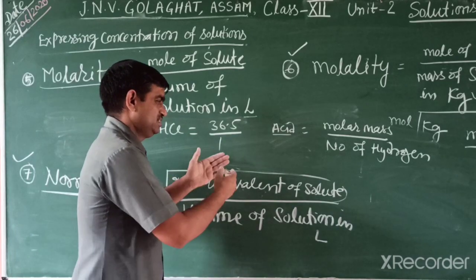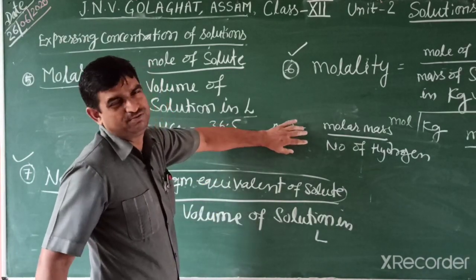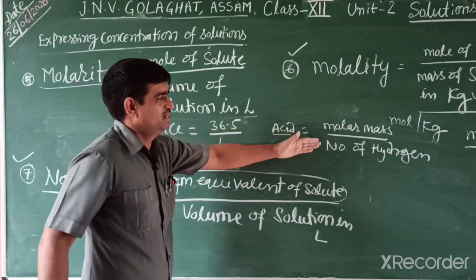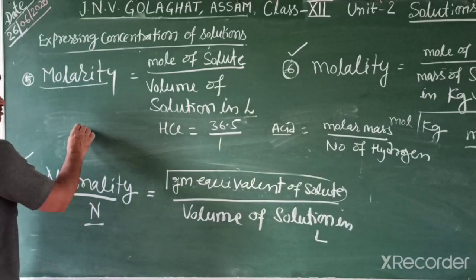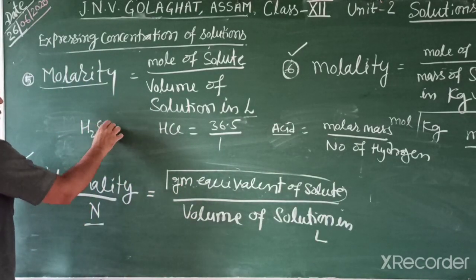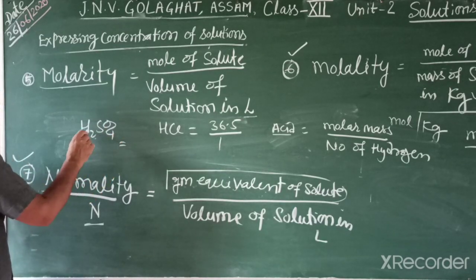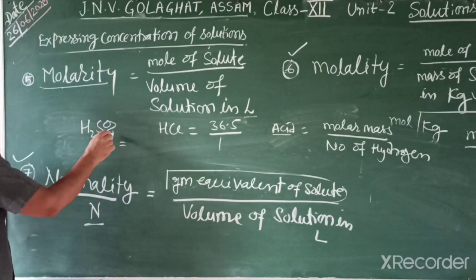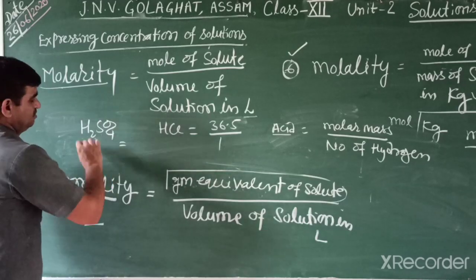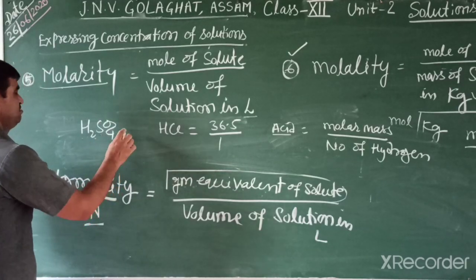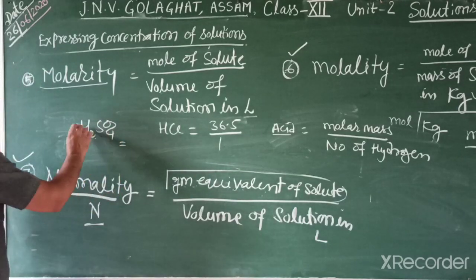So for any acid we can easily identify the equivalent mass. In a similar way, if we want the equivalent mass of sulfuric acid, then the molar mass of sulfuric acid, when you add hydrogen 2, sulfur 32, oxygen 64, is 98 combined.